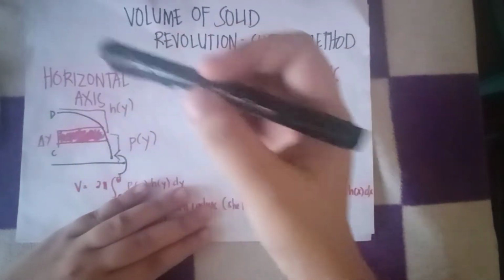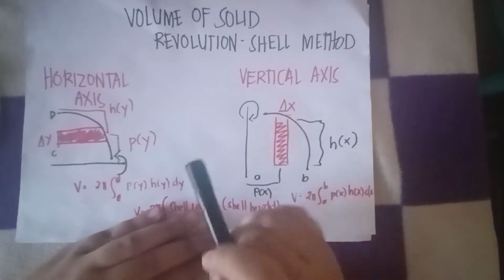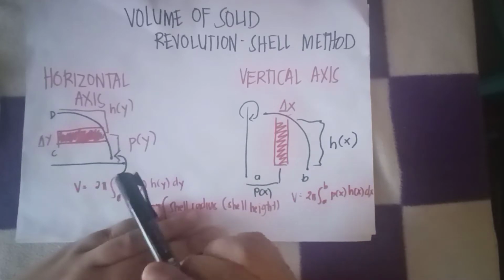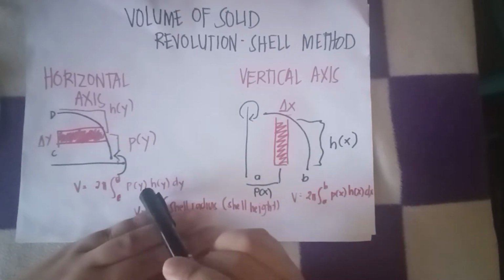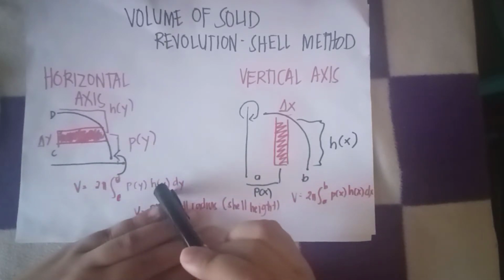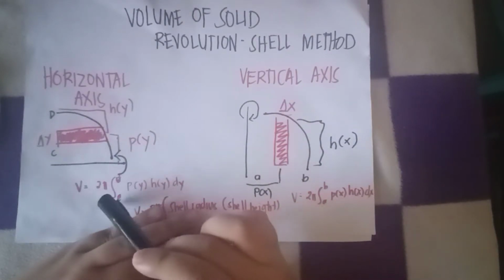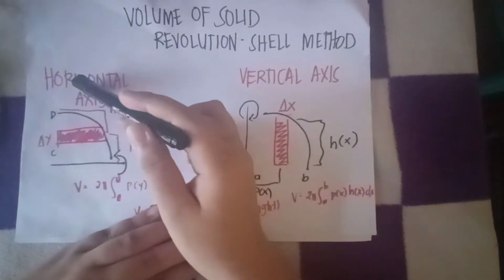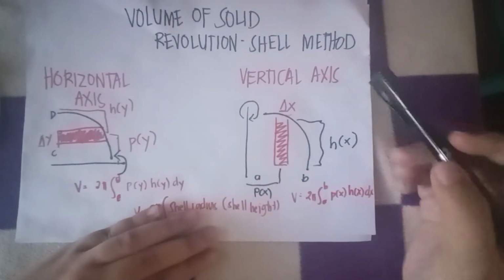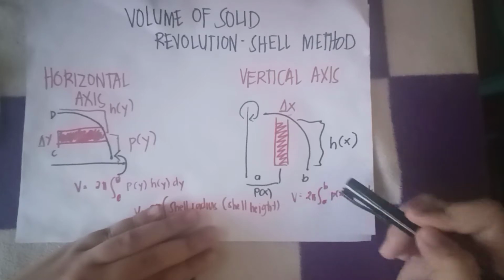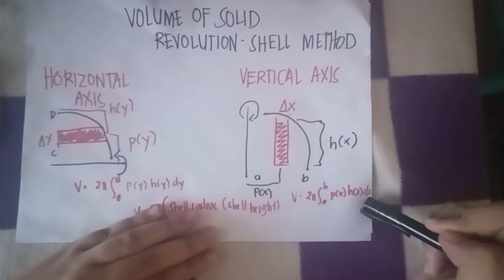Sa madaling salita, we're just going to multiply our p of y and h of y, or our radius and our height, together with 2 pi for the integration from c to d kapag horizontal axis. Kapag naman po vertical axis, volume is equal to 2 pi, the integration from a to b, p of x, h of x, dx.